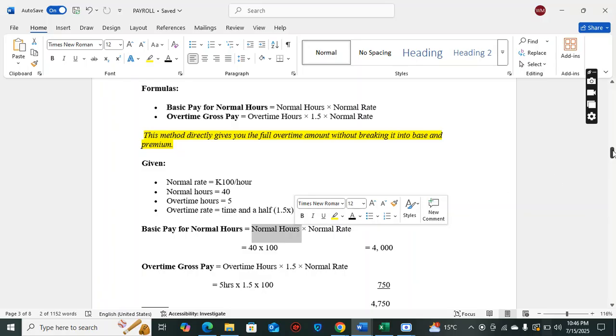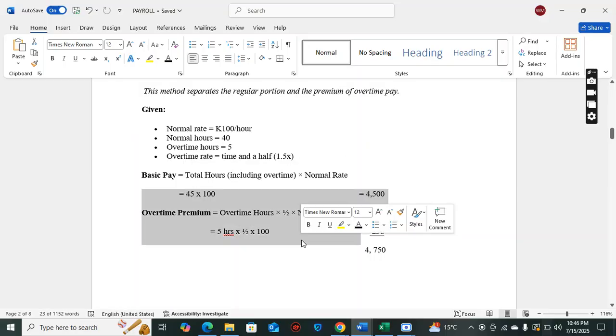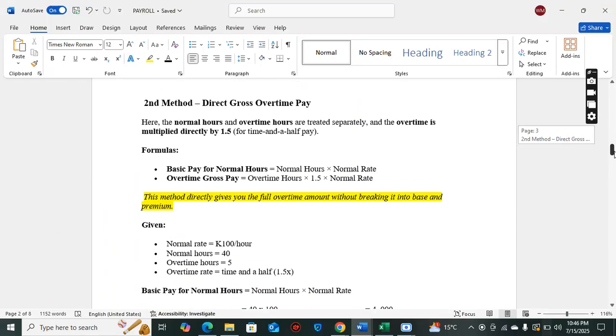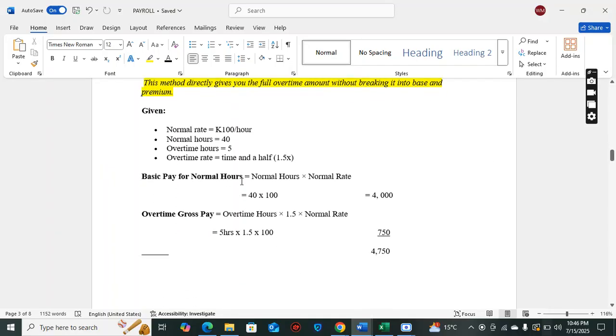In the first one, we included the overtime hours in the basic pay, and we got the overtime premium. But here, in the basic pay for the normal hours, you only look at the normal hours, you're excluding overtime.